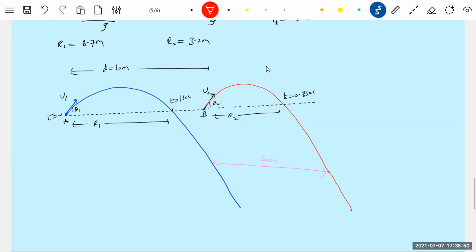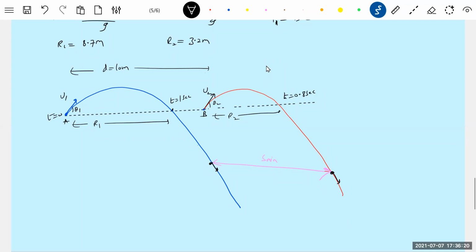Rough diagram. They need not be parallel. Okay, the path will appear parallel. Let me go like this. So are you getting this? Stone 1 may be here, stone 2 will be here, moving with certain velocity, we don't know.